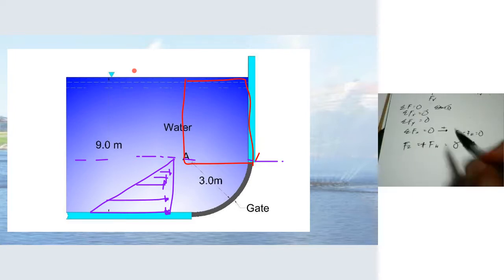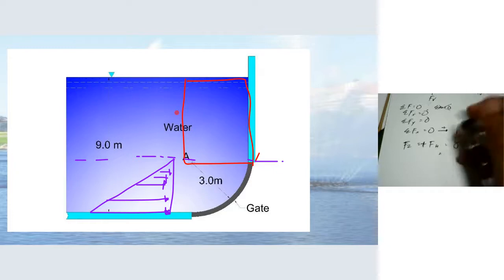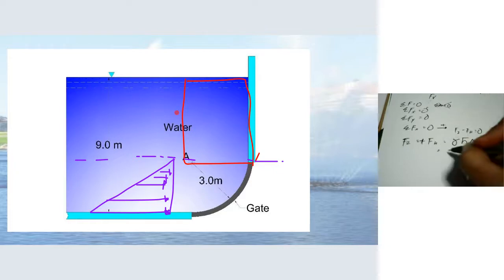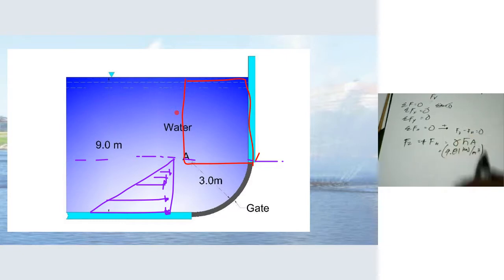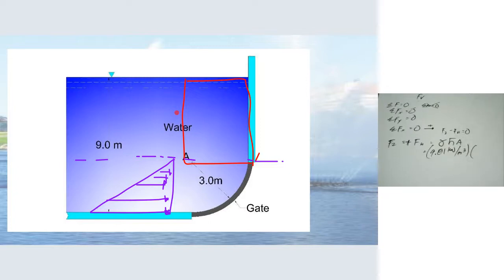So we have gamma h bar a. Gamma is the unit weight of the fluid. So in this case, it's water. So we have 9.81 kilonewton per meter cube. So naka-SI tayo. That's why this is the value of our unit weight. And then we multiply h bar.